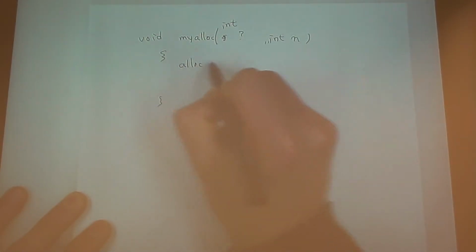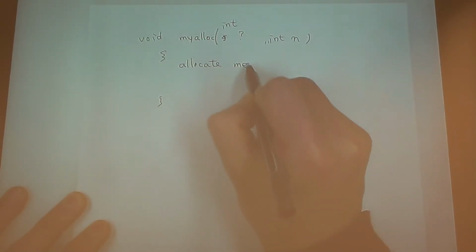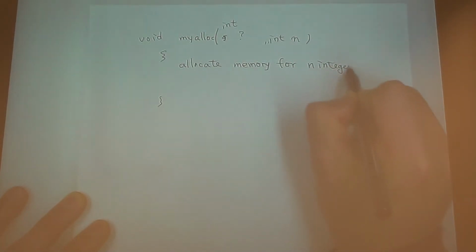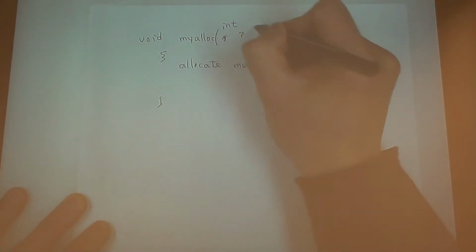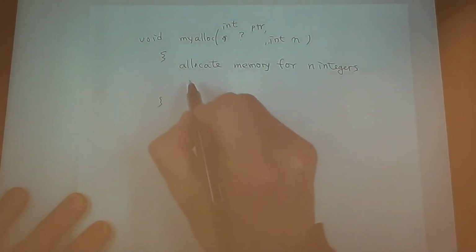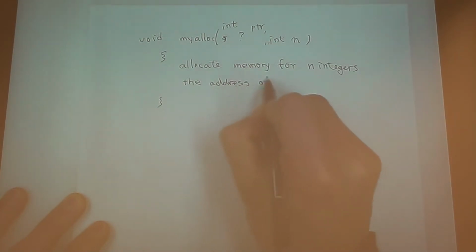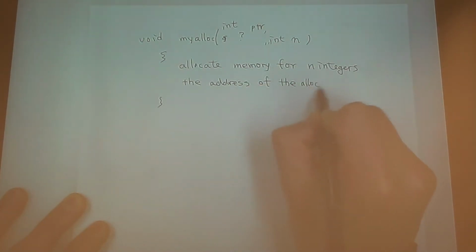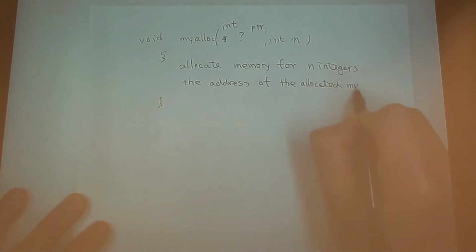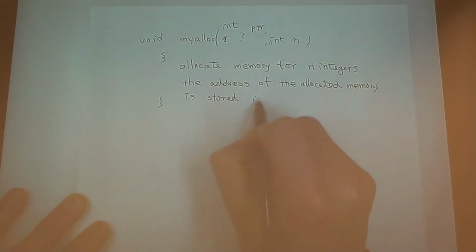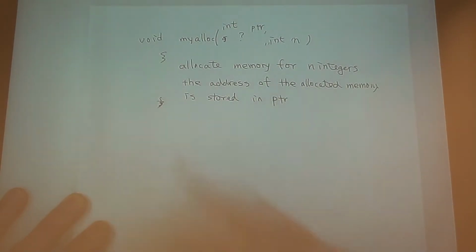This function will allocate memory for n integers, and the address of the allocated memory is stored in PTR. Suppose that's the function I want to write.